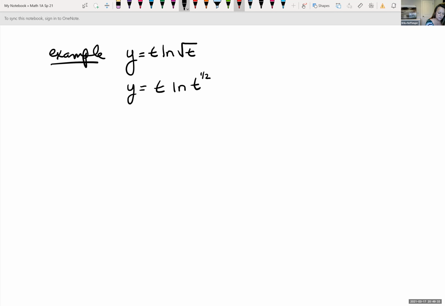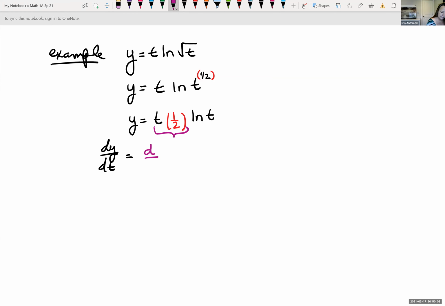Well, let's use rules of logs. It would make it so much easier if we bring that 1/2 down front. So we can say this is the same thing as y equals t times 1/2, I usually put the 1/2 in front, natural log of t. So now when we take the derivative dy/dt, we need to take the derivative of the first piece, let's call that 1/2 t.